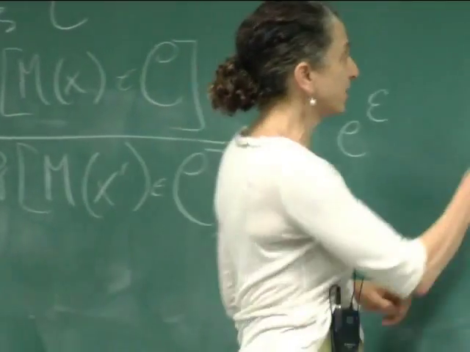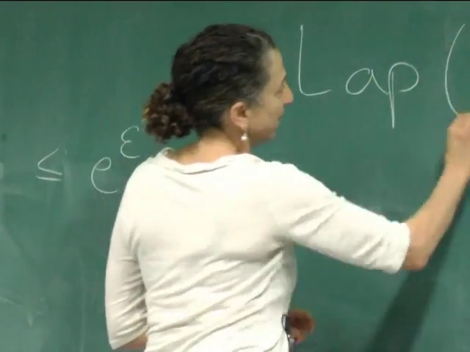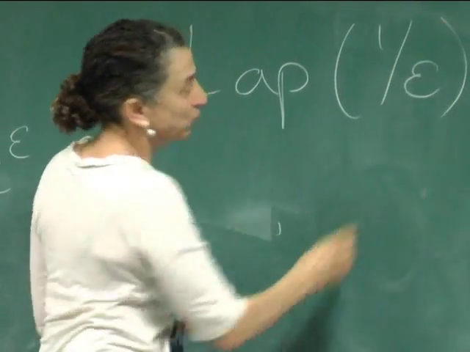Okay, one other question from yesterday. So let's suppose that we have a mechanism for answering a question that gives epsilon differential privacy, and we want to ask k questions. How do we do this in such a way that the total privacy loss is epsilon? What would we do to our mechanism? Remember that one of the mechanisms we used, let's say, for counting queries, was to add noise that was scaled to 1 over epsilon.